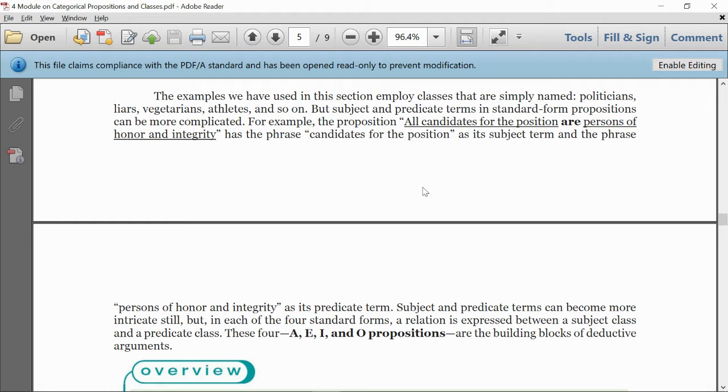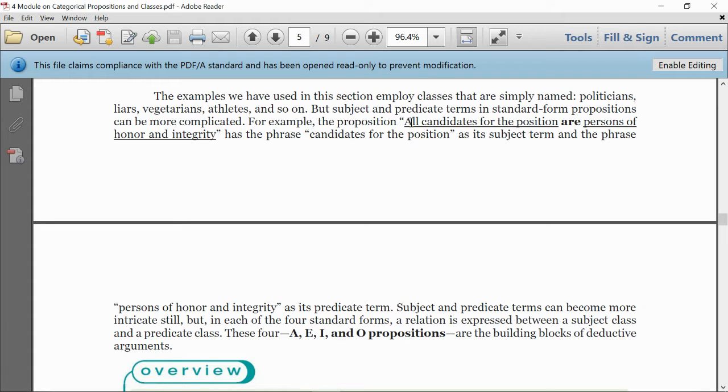For example, the proposition "All candidates for the position are persons of honor and integrity" has the phrase "candidates for the position" as its subject term and the phrase "persons of honor and integrity" as its predicate term. The subject and predicate terms can be more intricate still, but in each of the four standard forms, a relation is expressed between a subject class and a predicate class.